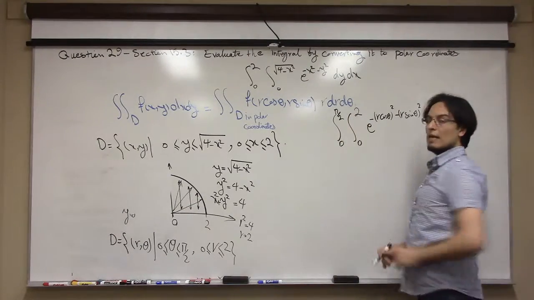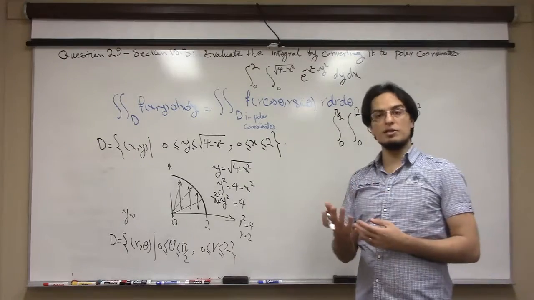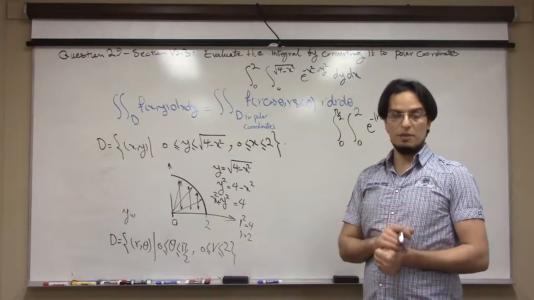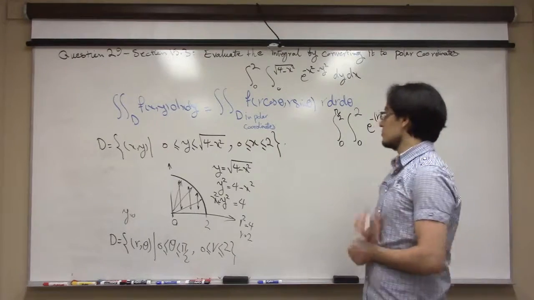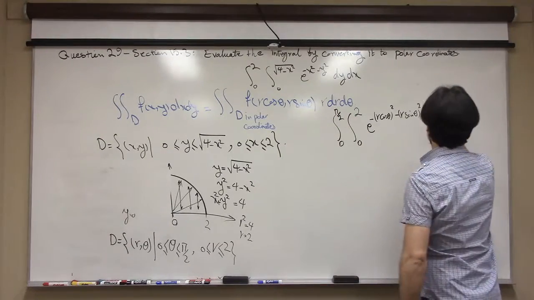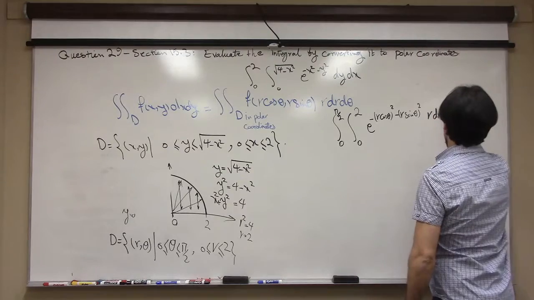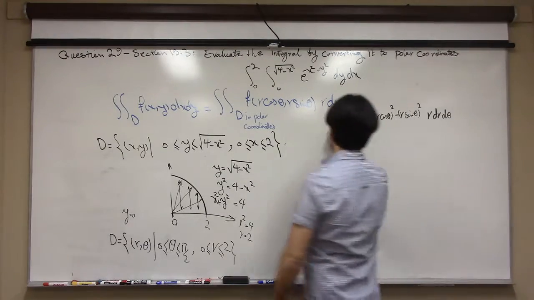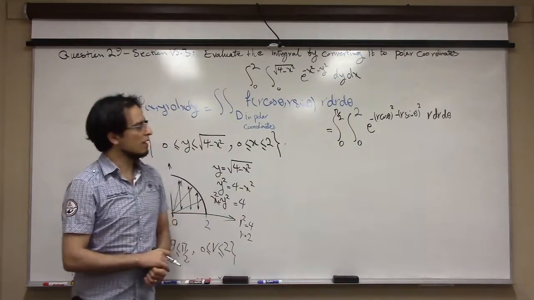That's my integrand, and now it's time to change the surface element to polar coordinates. As I wrote here, it is going to be r dr d theta. So that's the integral I want to evaluate.